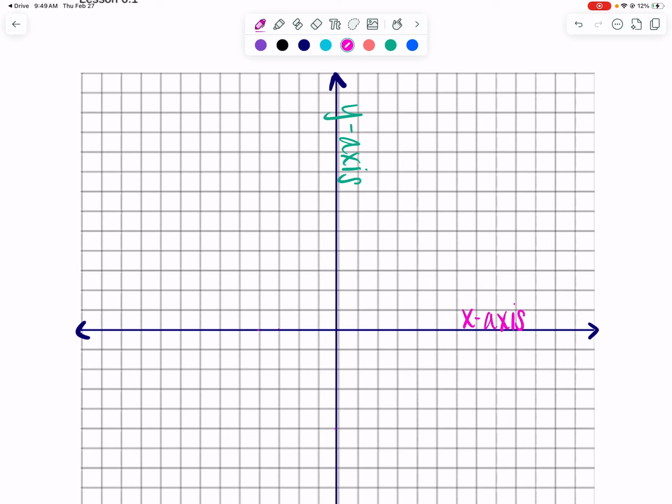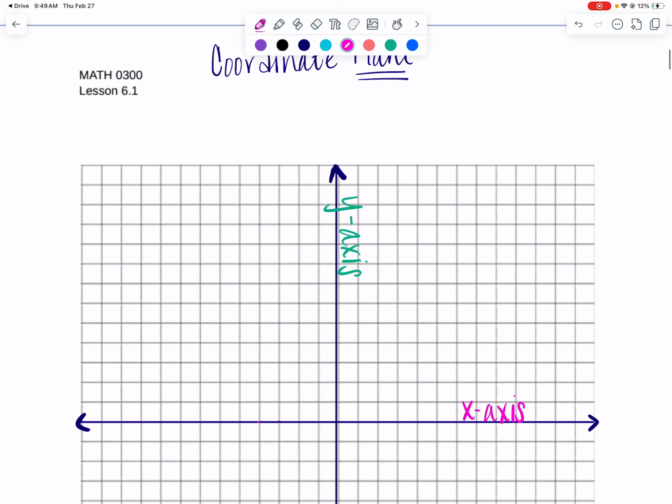These two axes, these two straight kind of number lines really, divide the coordinate plane into what we call quadrants. A quadrant has the prefix quad, meaning four.